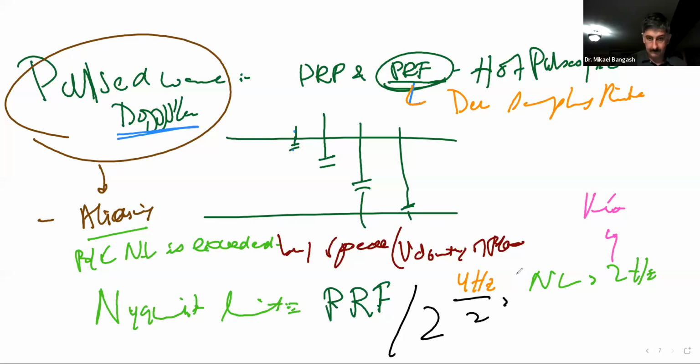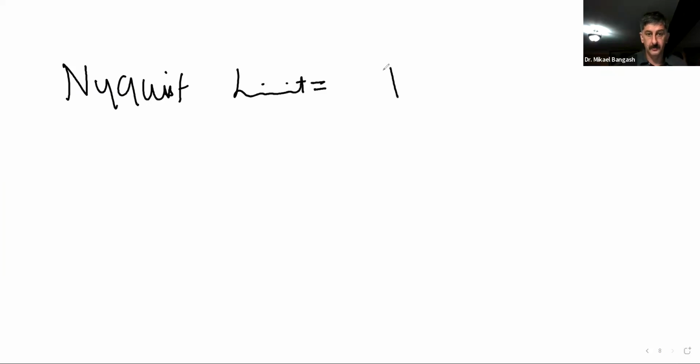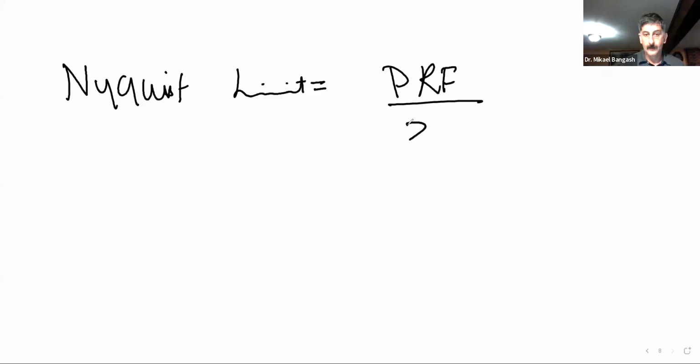So what you girls may realize from this equation, let's just rewrite it so we have it afresh, black and white, is that the Nyquist limit is equal to PRF divided by 2.